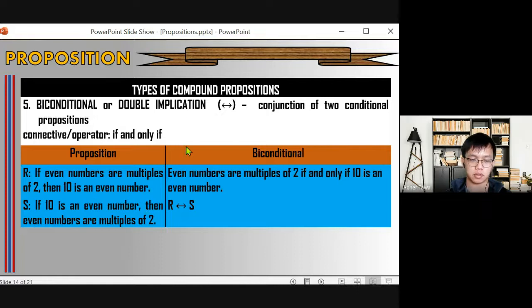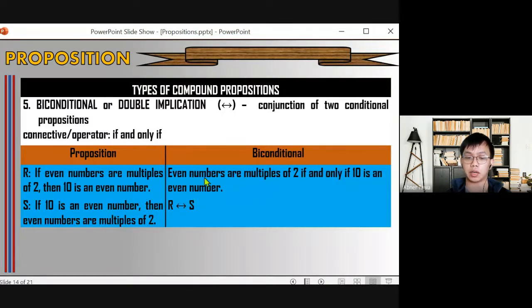Okay. So we're going to observe, nagkapalit lang yung hypothesis and conclusion ng proposition R sa ating proposition S. So pag nagpalit lang yung hypothesis and conclusion, then we can write them into a biconditional proposition, which is, we have here, even numbers are multiples of 2 if and only if 10 is an even number.